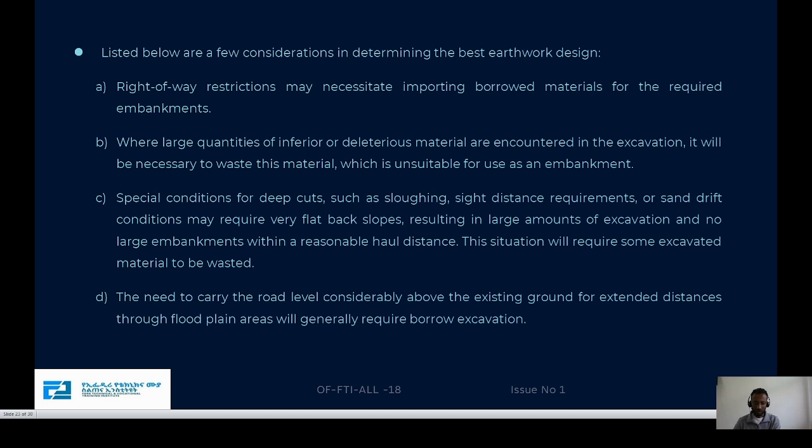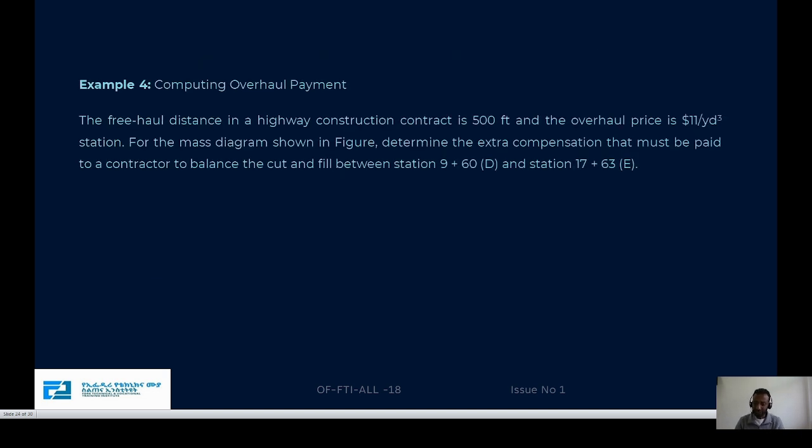So we have to increase the elevations of the embankments, and also compute overhaul pavements. The free haul distance in highway construction contracts is 500 feet, and the overhaul distance is 11 feet cube per station.